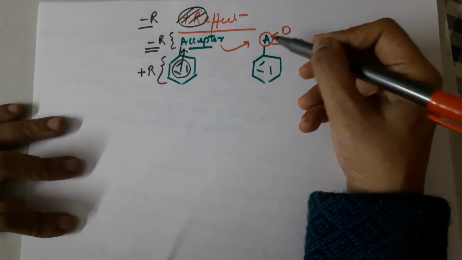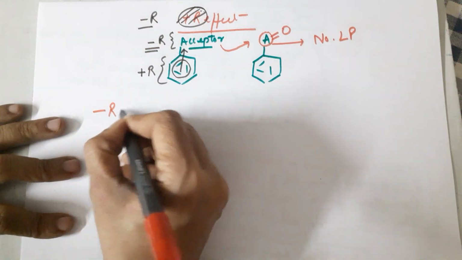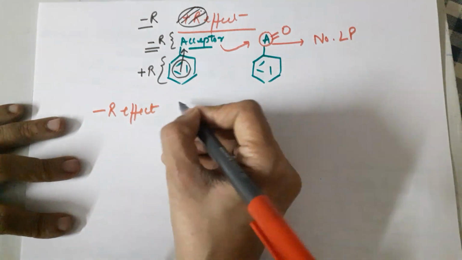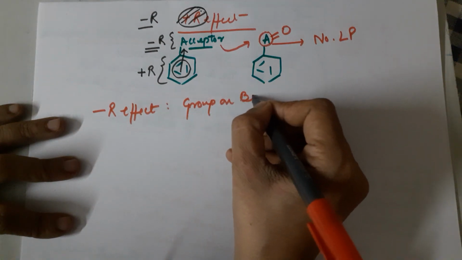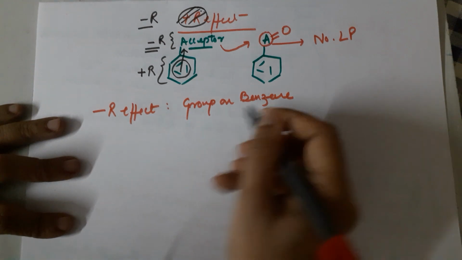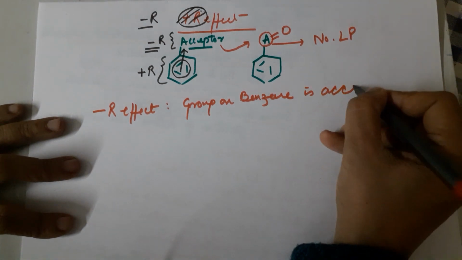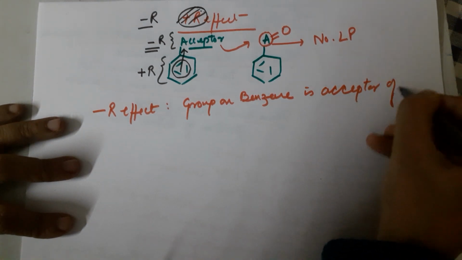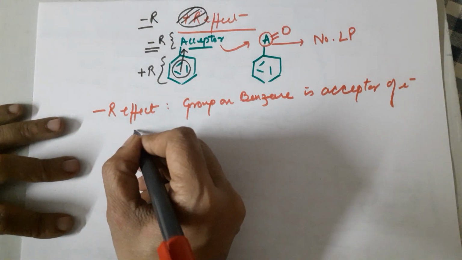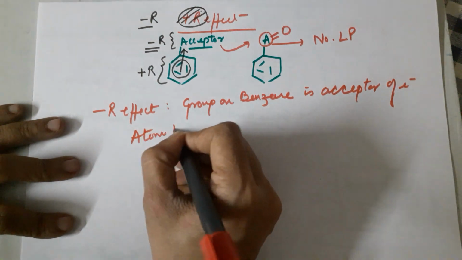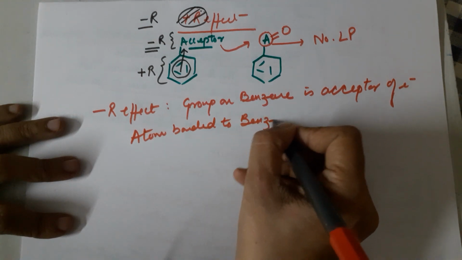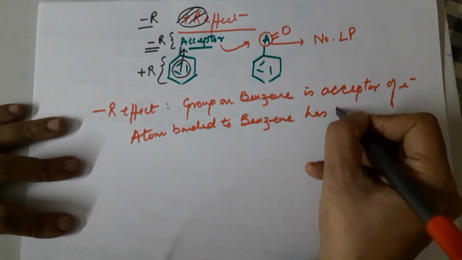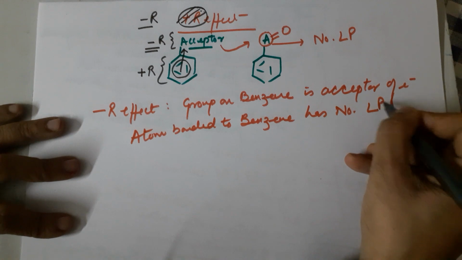So, this has to be understood that in case of minus R effect, the group on benzene in fact is an acceptor of electrons. Also, the atom bonded to benzene has no lone pairs.